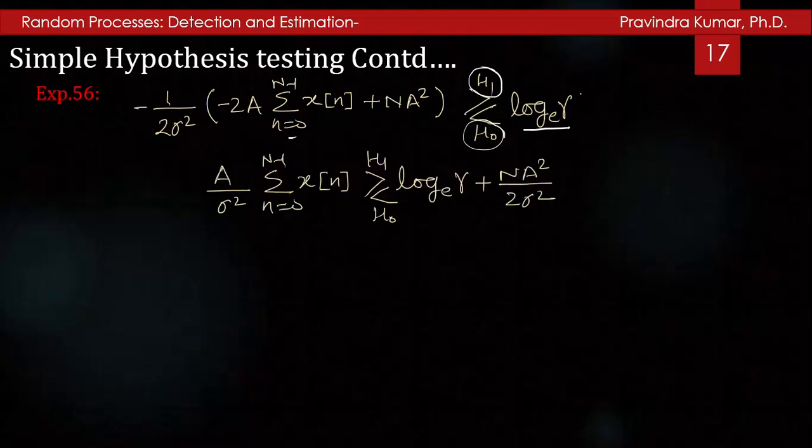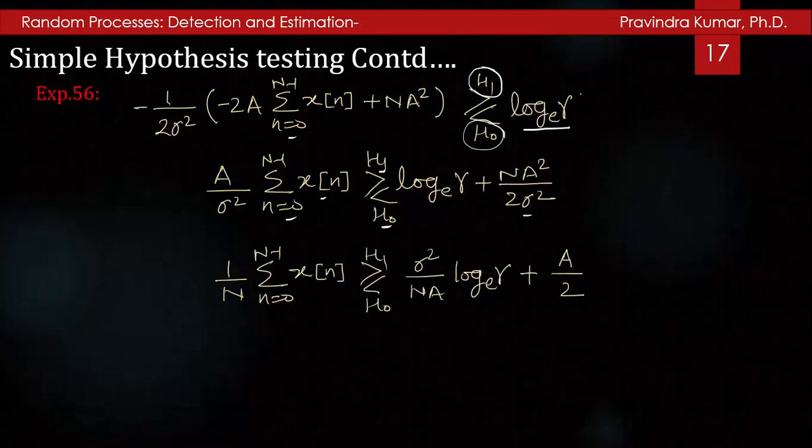So I can write it as A by sigma square summation n = 0 to n minus 1 xn, greater than or less than (H1 or H0) log e gamma plus nA square upon 2 sigma square.